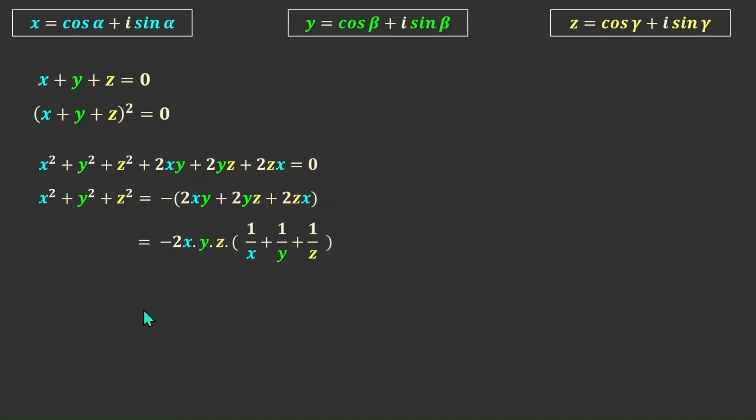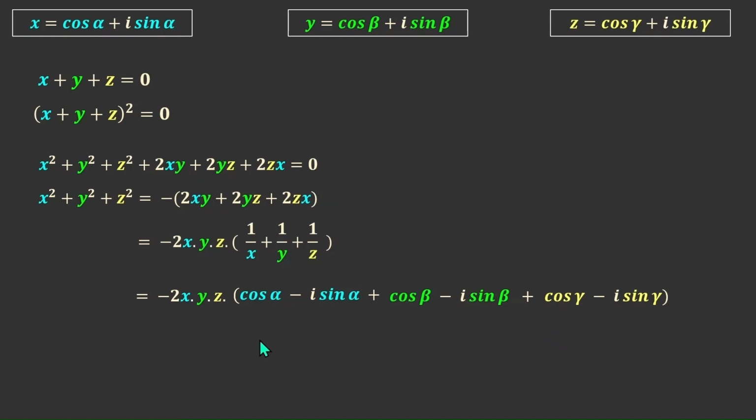So we'll keep this term right here, and we'll write 1 by x as cos alpha minus i sin alpha. 1 by y becomes cos beta plus i sin beta raised to power minus 1, which by de Moivre's theorem would be cos beta minus i sin beta. And similarly, 1 by z would be cos gamma minus i sin gamma.